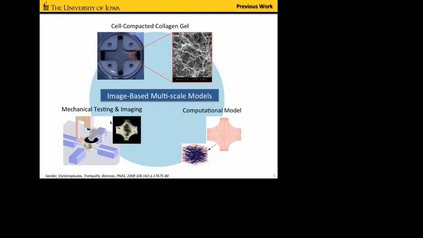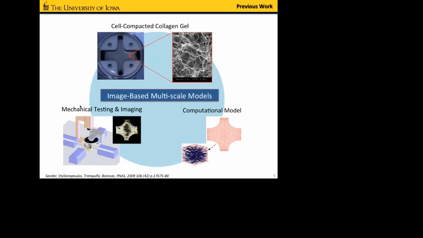The first project that I want to describe in more detail is developing a computational framework for really understanding how these components come together to give an engineered tissue its functional properties. This is developing an image-based multiscale model that is composed of three primary components.